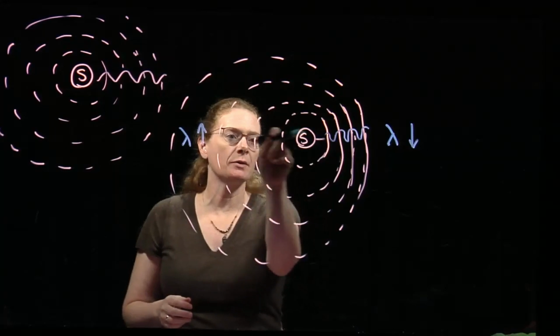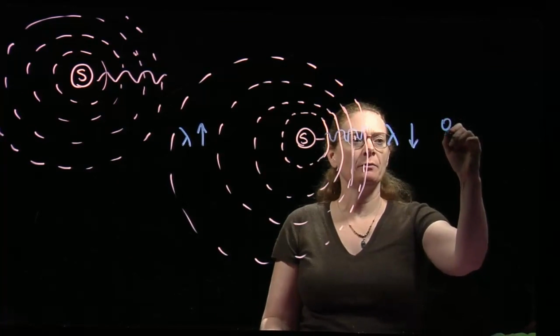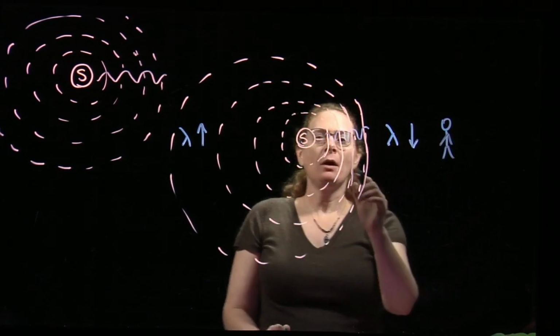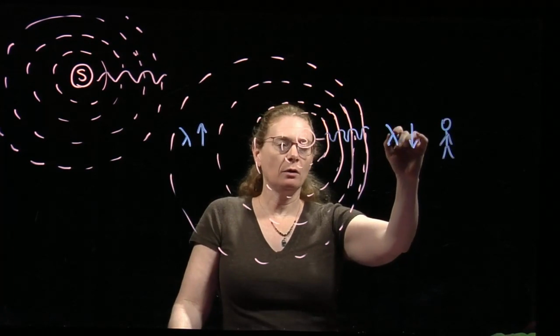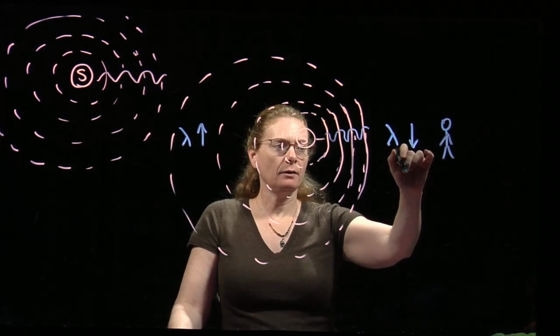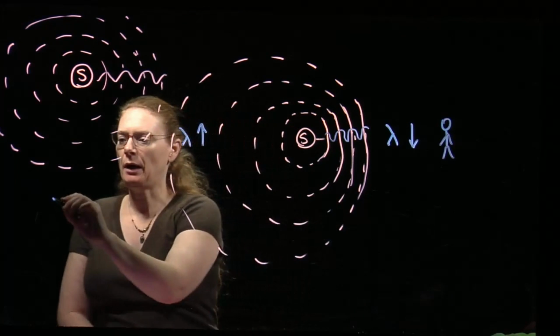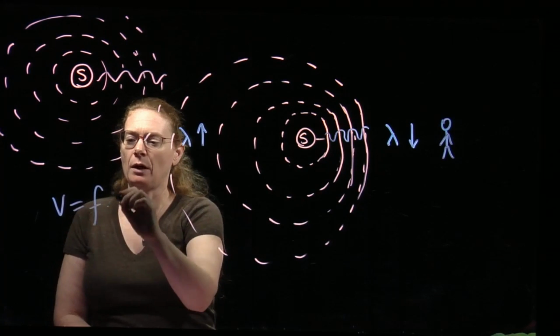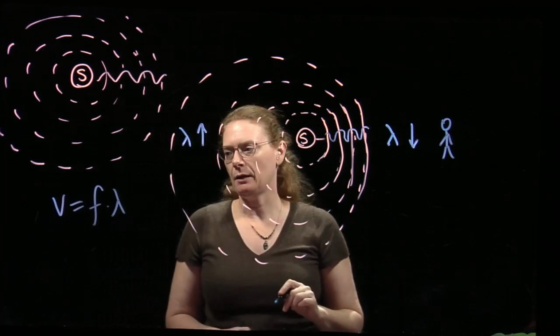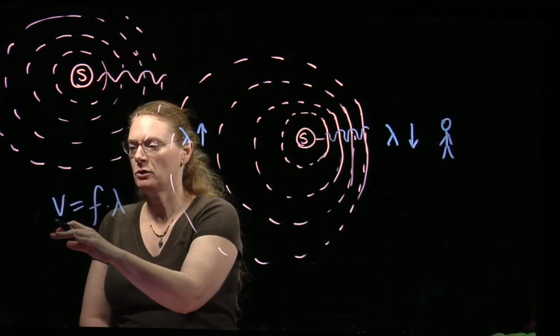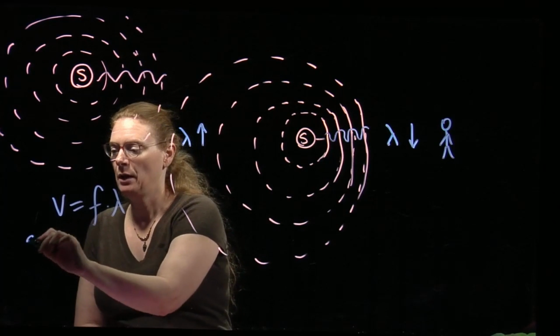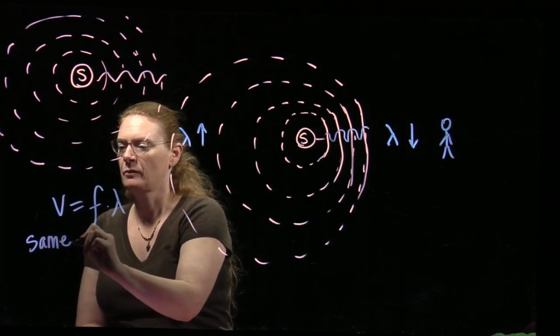So for a source moving towards an observer, if somebody is standing here, the waves that hit them have a lower than normal wavelength. But if we remember how wavelength and frequency are related, they're related by the wave speed. Now the wave speed is just the speed of sound in air, so this stays the same.